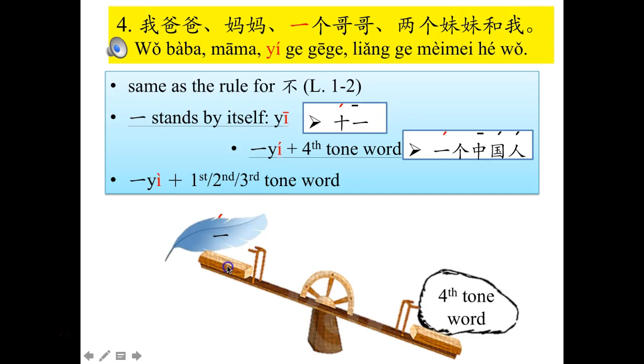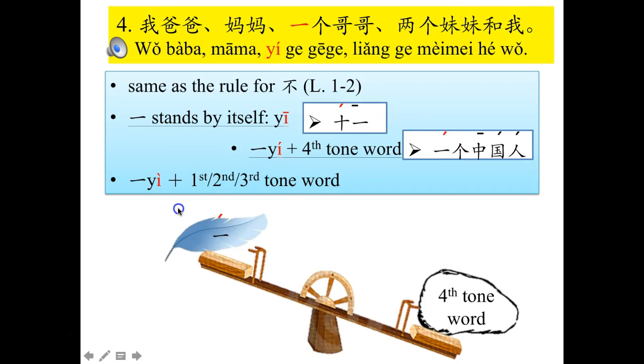This is heavy, and the 一 becomes a light rising second tone. So for example, 一个中国人. Now you may ask why this is not a neutral tone. Now the original tone of 个 is fourth tone. So you say 一个中国人, 一 becomes second tone.